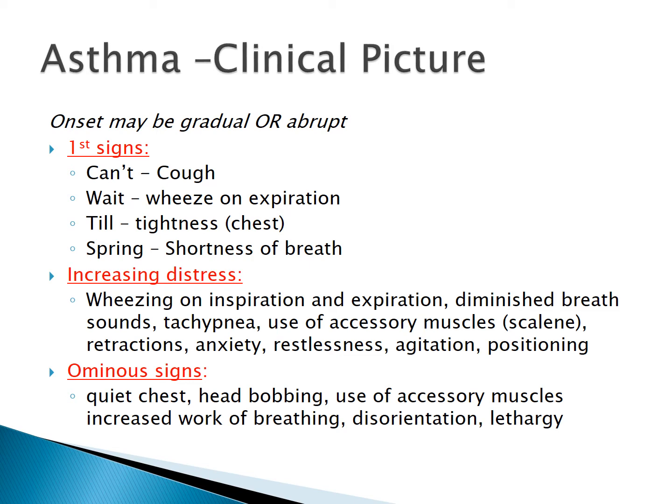Increasing distress comes with wheezing on inspiration and expiration, diminished breath sounds, so we're not hearing that nice equal air entry into the lungs. Tachypnea, an increase in the respiratory rate. Now we're starting to see the use of accessory muscles, specifically the scalene muscles, which are part of the neck.